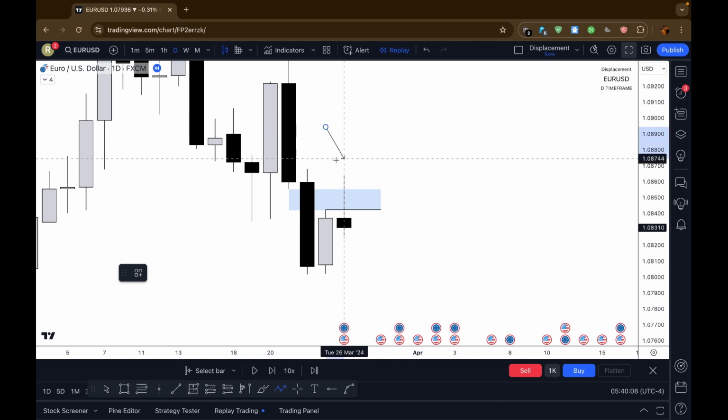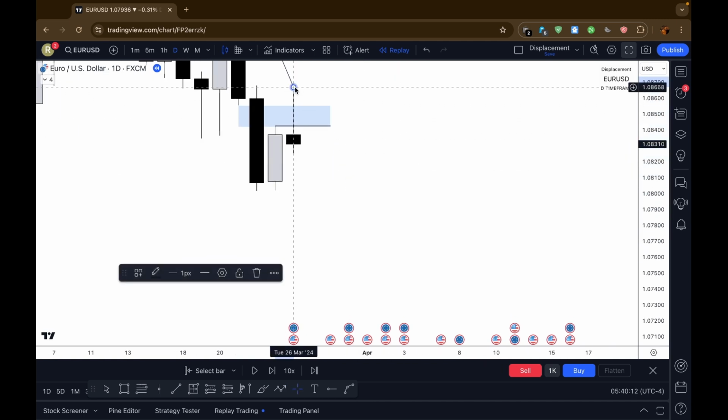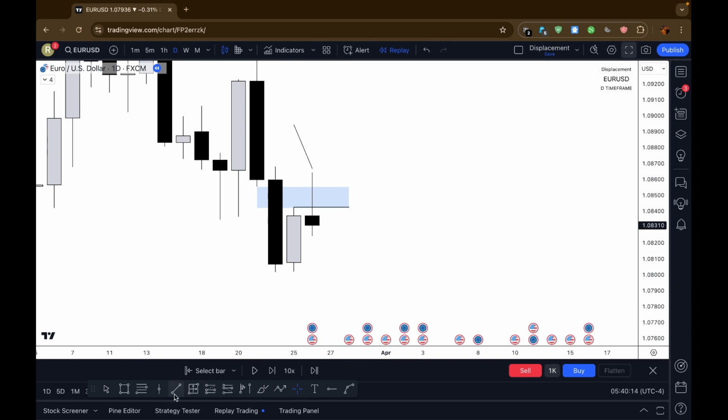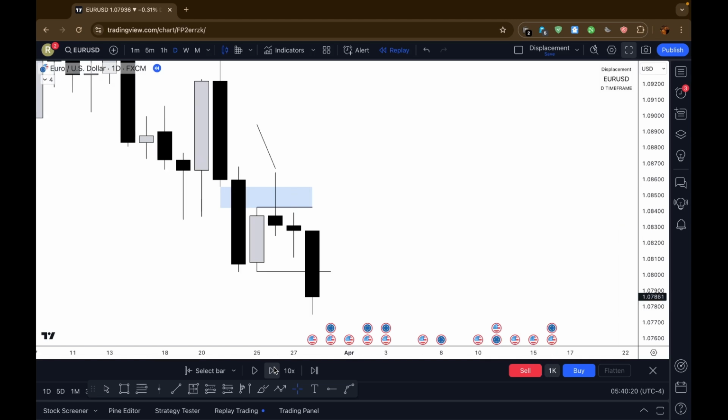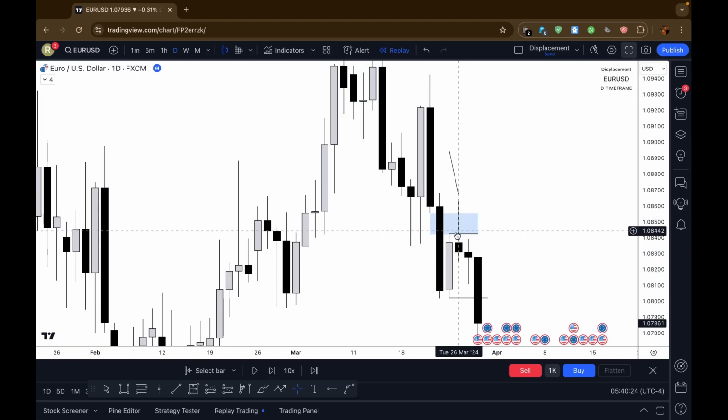And now you have the bias that until price takes out this low, your bias will remain bearish for a few days, or for 2 days you have the bearish bias, right? So this is key, a doji candle inside a fair value gap, right?